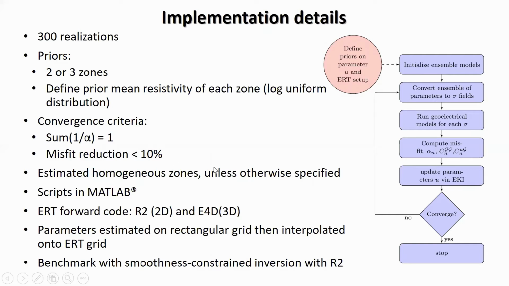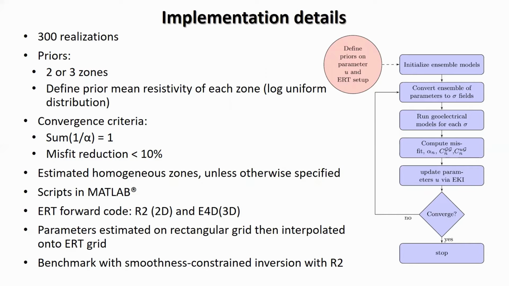The scripts that we've used are all based in MATLAB, and the forward modeling was done in 2D using the code R2 and in 3D using Tim Johnson's code E4D. The parameters were estimated on a rectangular grid and then interpolated onto an ERT mesh.